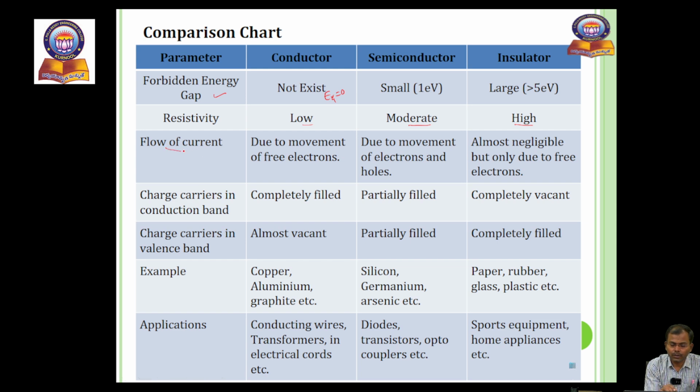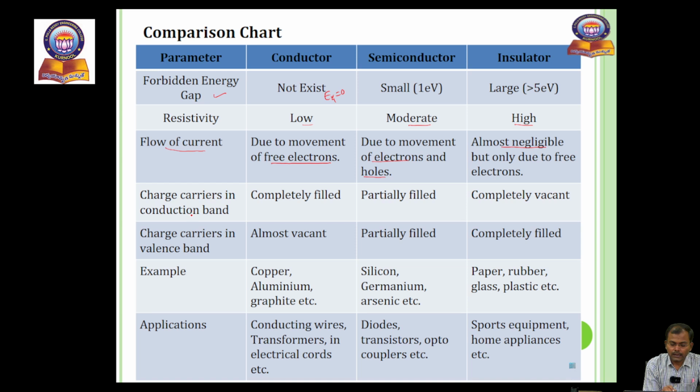So the flow of current, that is, the current carrying charge carriers are, in the case of conductors, free electrons, and in the semiconductor the charge carriers are electrons and holes, but in the insulator it is almost negligible.